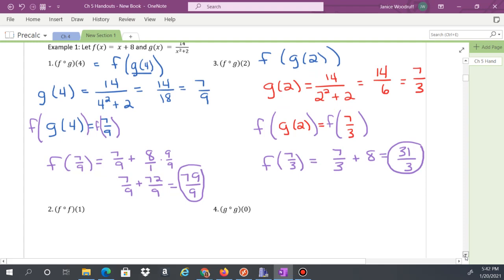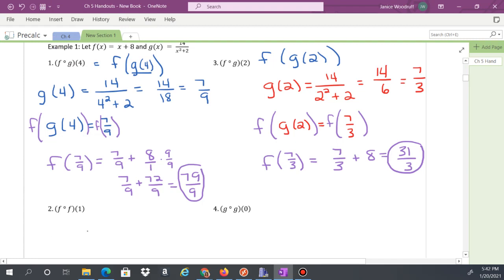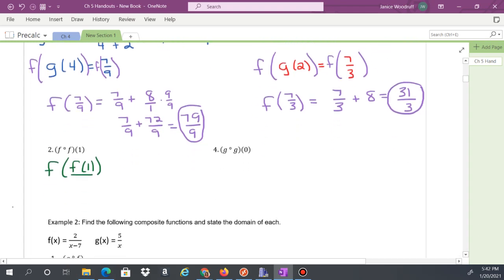All right, and then we have f of f of 1. Now you're using the same function twice, and you're still going to follow the same pattern. If I'm doing f of f of 1, I start from the inside and find f of 1 first. f is x plus 8, so f of 1 equals 1 plus 8, which gives me 9.